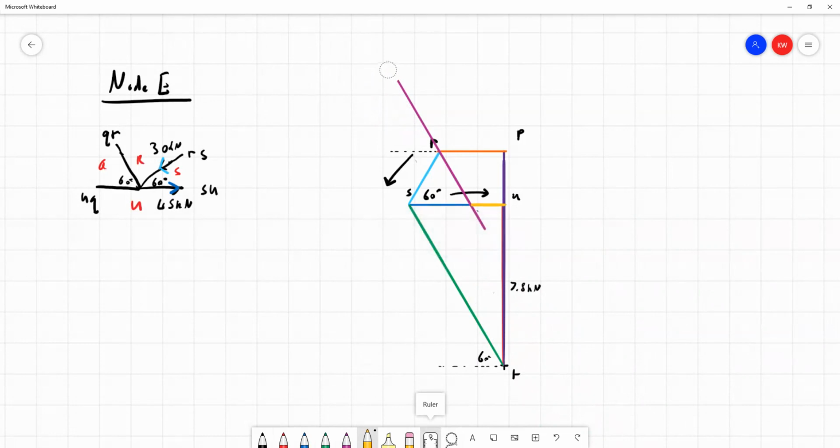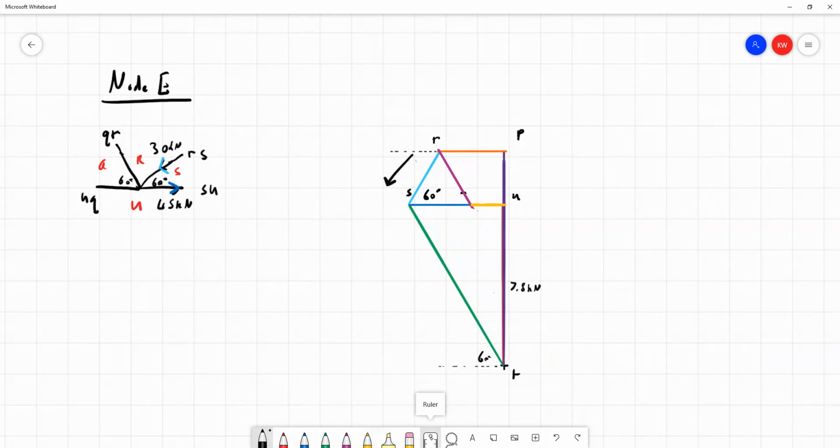So first of all, this kind of purpley pink line here, I'll put that R back in a second. So what's happening here? We're coming down the line RS.